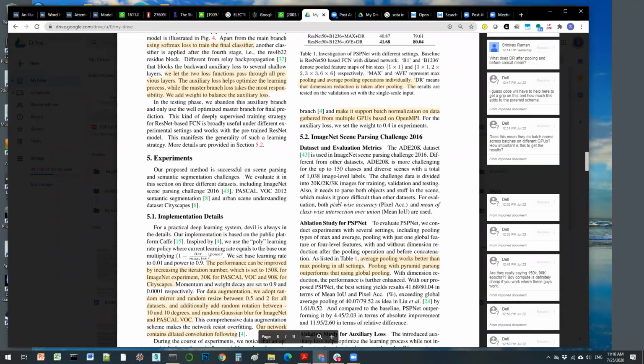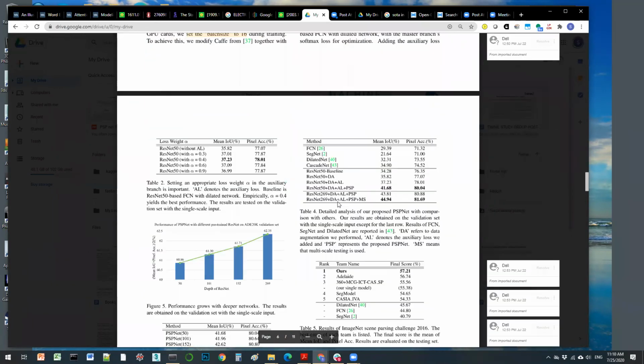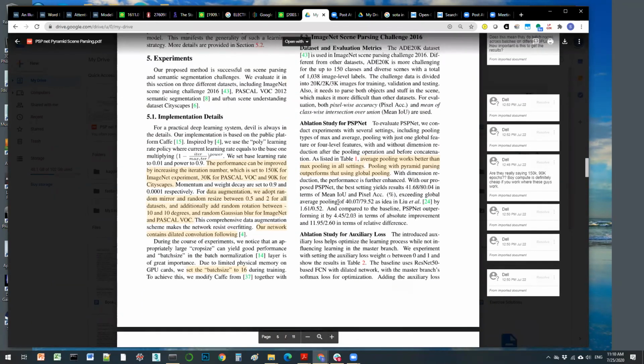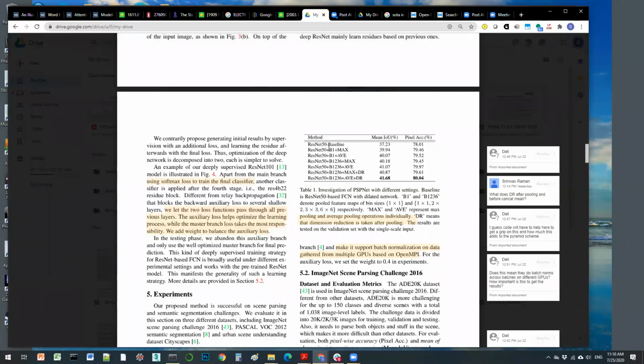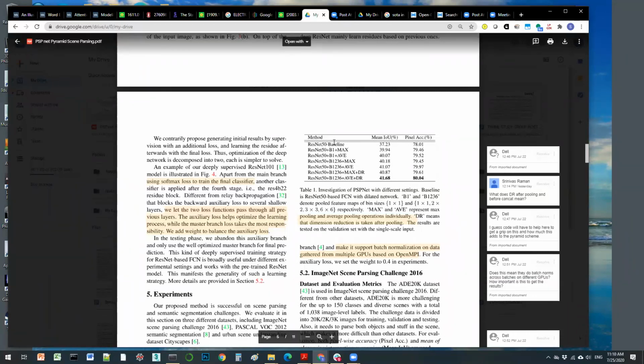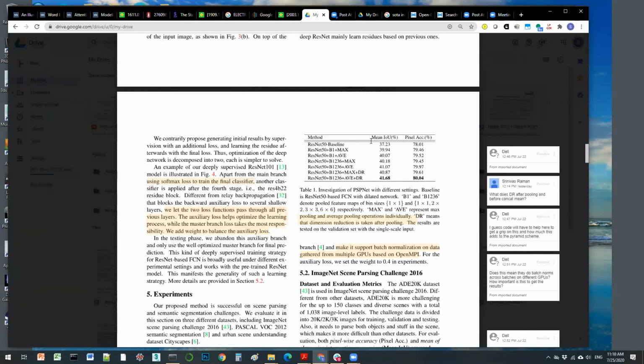Okay, let's see. So they go through, in this case, an ablation study, which is pretty good. As I was saying, they take the baseline, which is just the ResNet 50 baseline, and then do the IOU and pixel accuracy through the segmentation. And then they do max pooling, then average pooling.